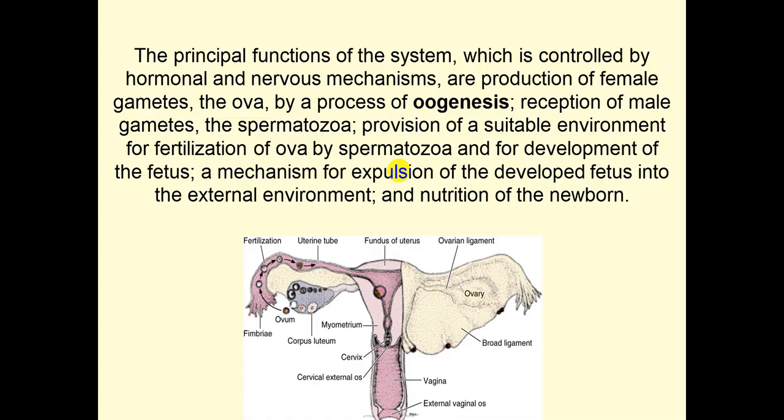Its main function is the production of female gametes, the ova, by a process of oogenesis; the reception of male gametes, the spermatozoa; provision of a suitable environment for fertilization of ova by spermatozoa, and for development of the fetus; a mechanism for expulsion of the developed fetus into the external environment, and also nutrition of the new baby.